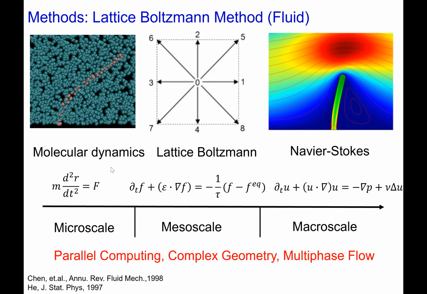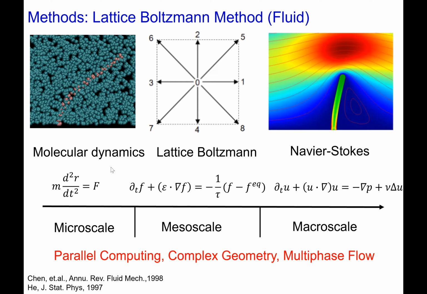So what we choose here is a mesoscale approach called the Lattice-Boltzmann method. Instead of tracking individual atoms, we track the density distributions of those atoms, represented by F.